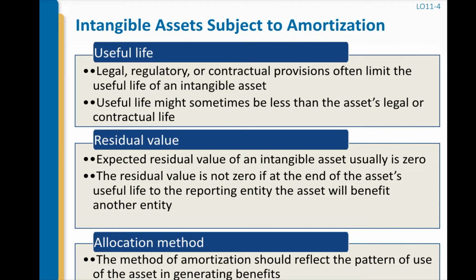An example of that might be the useful life of a patent being considerably less than its legal life, assuming a legal life of 20 years. Let's just say you're in the tech field, and you expect it to be obsolete within 2 years.